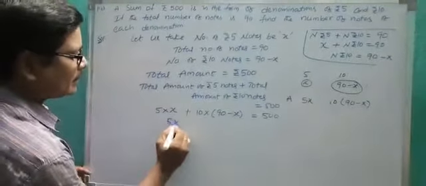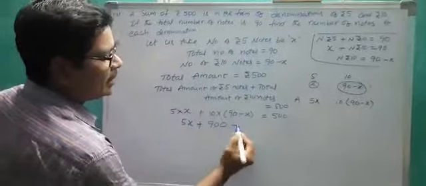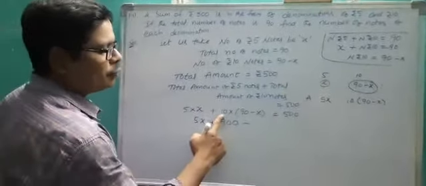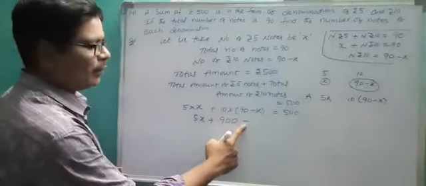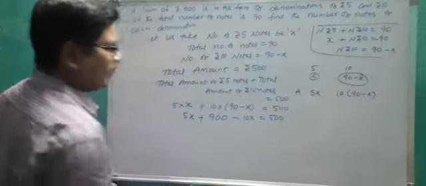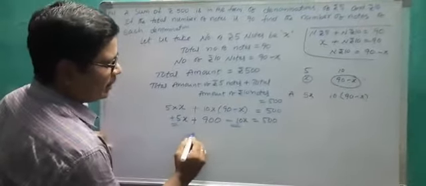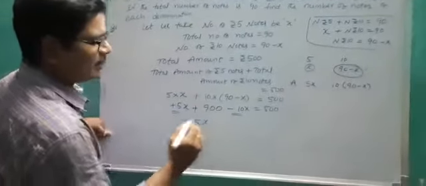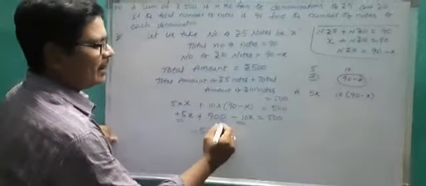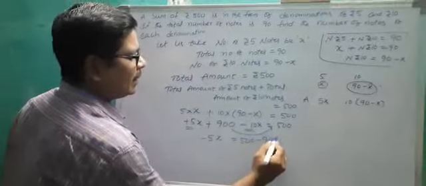5x plus 10 into 90, 900, plus; 10 into minus x, positive quantity into negative quantity, negative quantity, minus 10x, equal to 500. So 5x minus 10x equals minus 5x. This is plus 900. After transposition, it becomes minus 900.